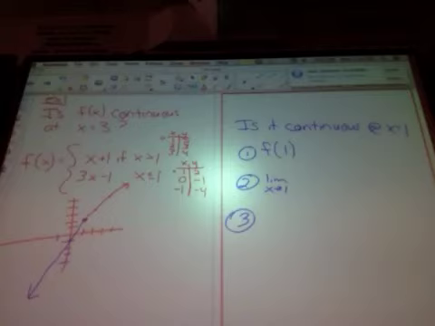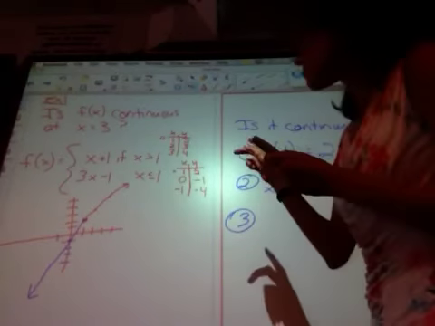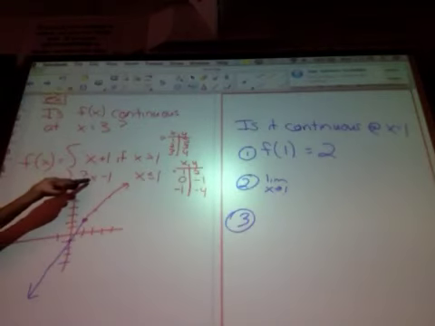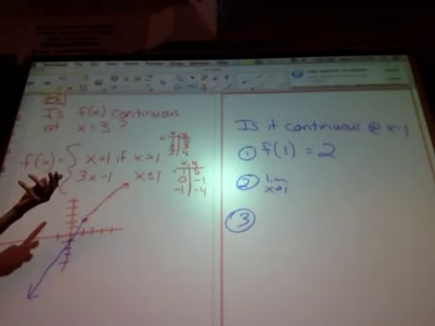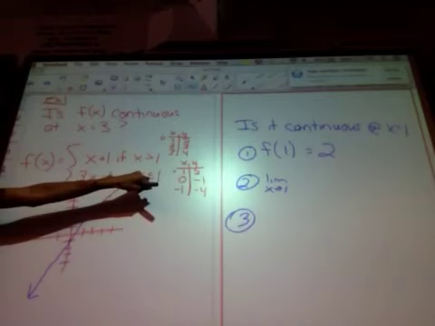Okay, it's okay if you're not quite done. Which one, what's f of 1? 2. Okay. Which one did you plug it into to figure that out? It didn't matter in this case, but which one would if it did matter? The bottom one, because it's the one with the equal sign.